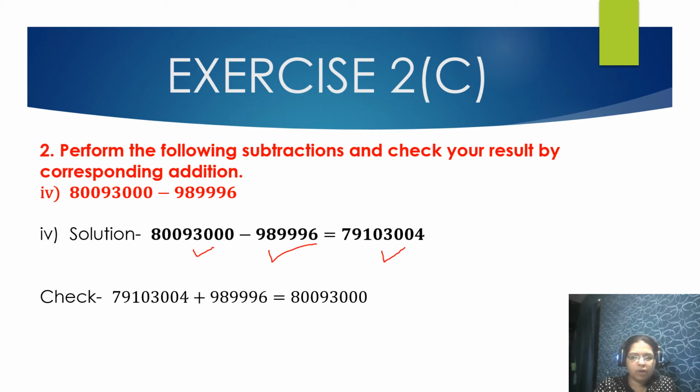And now we'll check this result using the addition. We add this number 7,91 lakhs 3,004 with this number 9,89,996. We get this number 8,93,000.